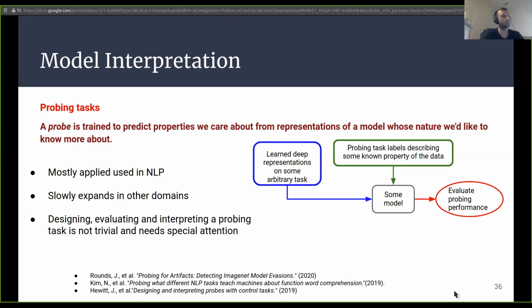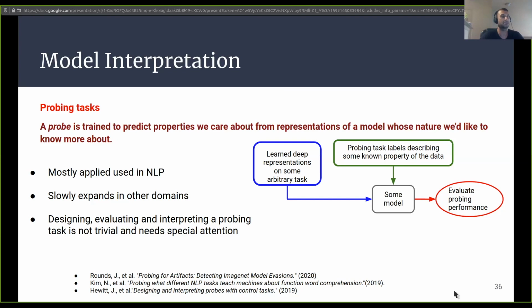I use the NLP example because this technique is fairly new and has mostly been applied in the natural language processing domain, which is fairly intuitive to interpret. It is slowly expanding to other domains, mostly vision, but hasn't yet been explored a lot in physiological representations.